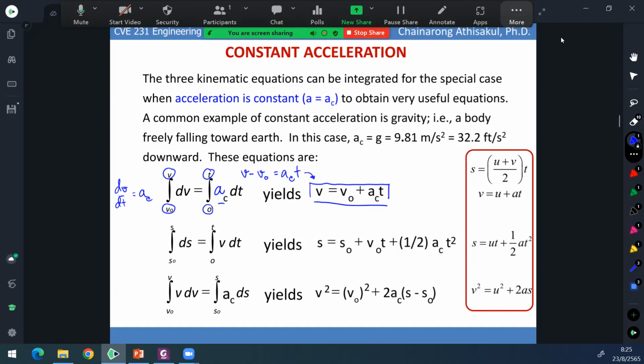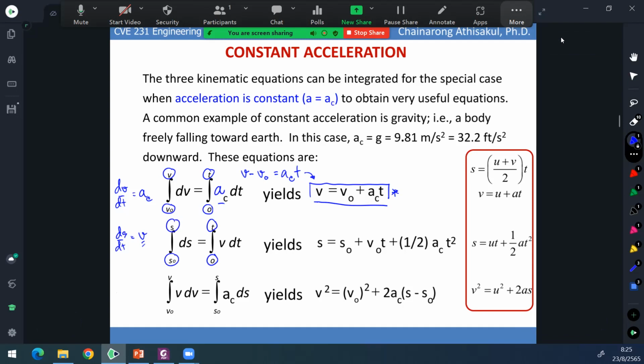Then we use the second kinematic equation, ds/dt equals v. But now v is not constant for this case. We already derived v, so by rearranging we have the integral of ds equals the integral of v dt, from time 0 to time t. When time is 0, s equals s0, and when time is t, s equals s.